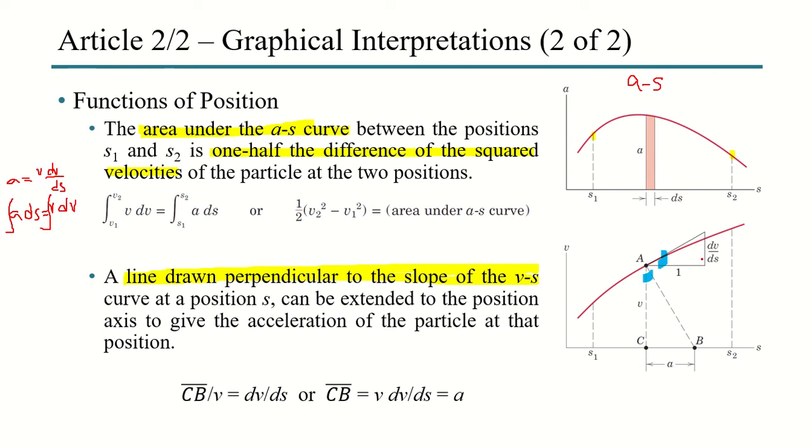Okay, this is the base also. This is the base of the triangle. All right, and then divided by this leg of this triangle. So that's why we have dv over ds divided by 1, so that is still the same.